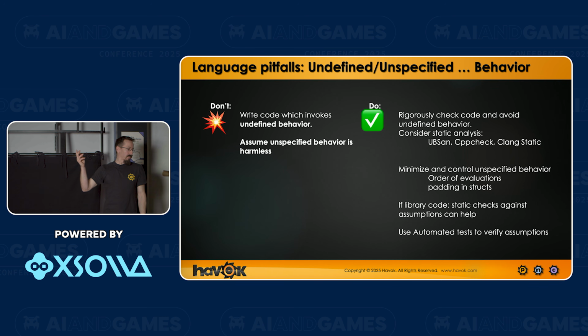If that's in library code, so we are a library, and people might call us with some functions, we need to check certain assumptions. And it's really important to have automation to weed out things, for example UBSan, cppcheck, and other things. We didn't have that much luck with any of these tools. So far, our other tooling is way better at catching non-determinism. I'll show it in a minute.